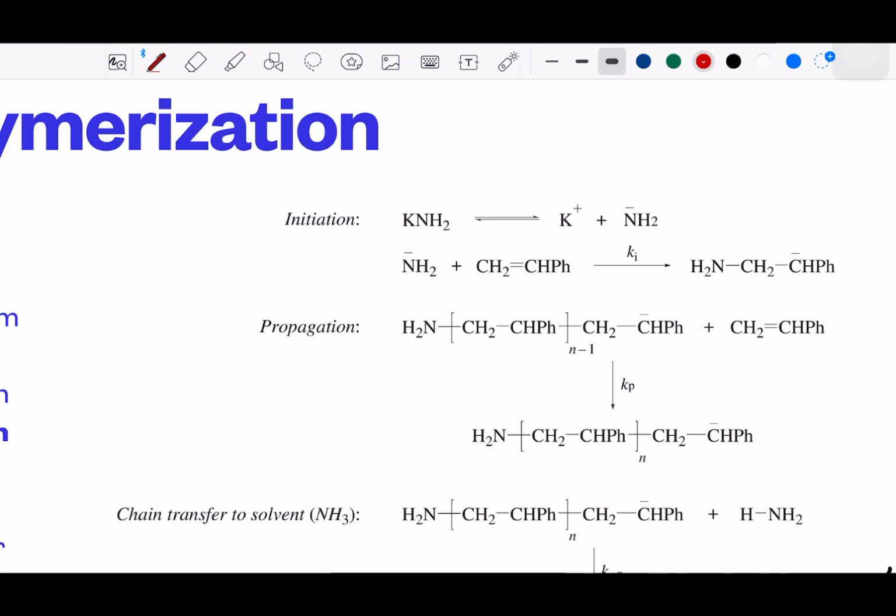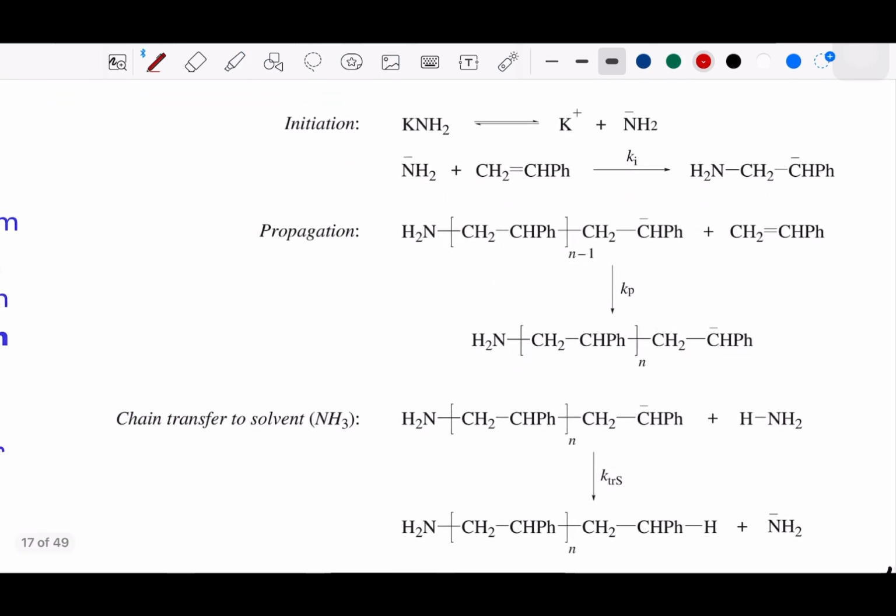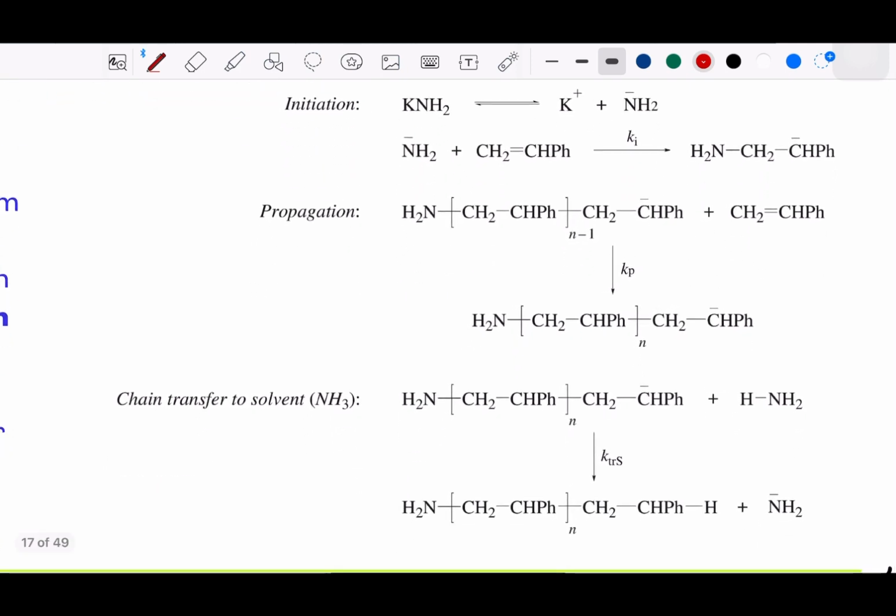So we are going to transfer this negative charge to the solvent NH3. Then we can stabilize the monomers, which become a polymer. Okay.